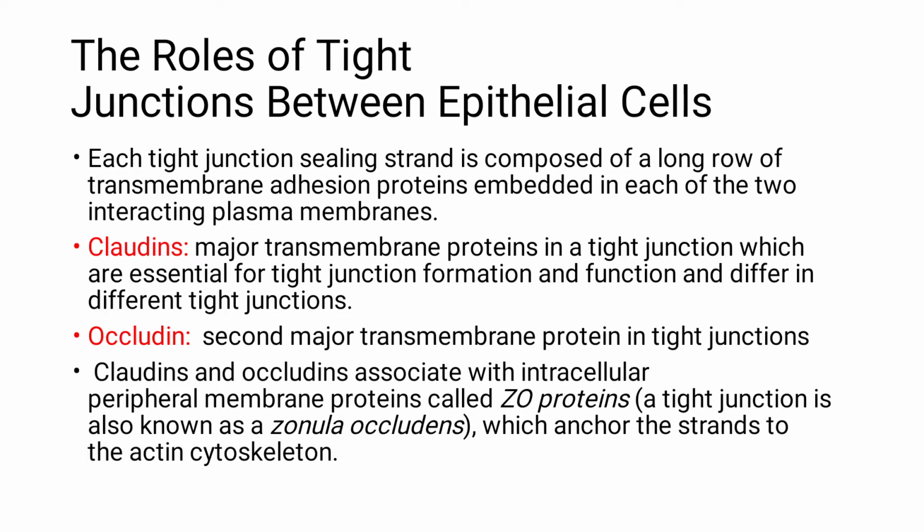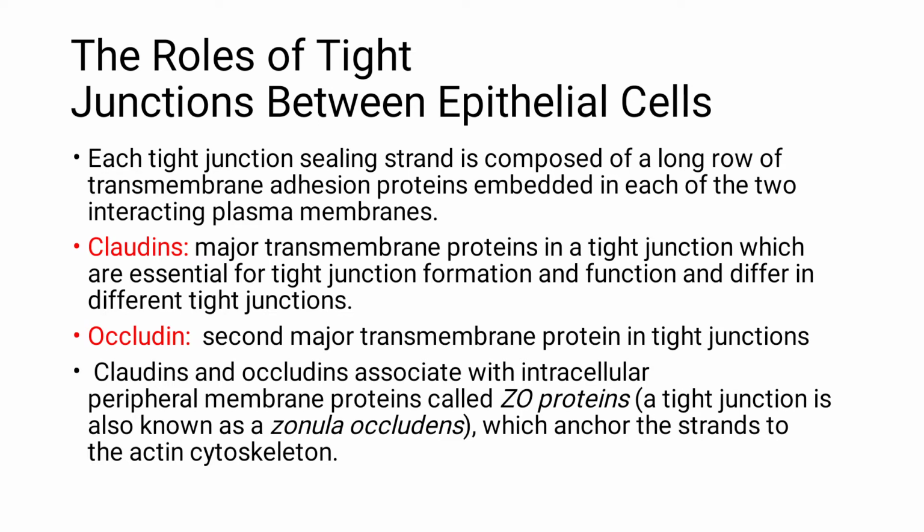A specific claudin found in kidney epithelial cells, for example, is required for magnesium to be resorbed from the urine into the blood. A mutation in the gene encoding this claudin results in excessive loss of magnesium ions in the urine.